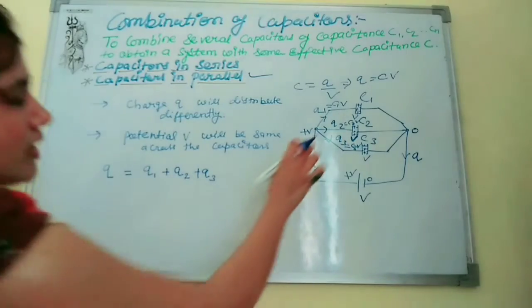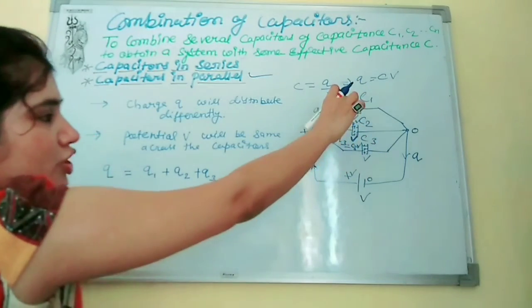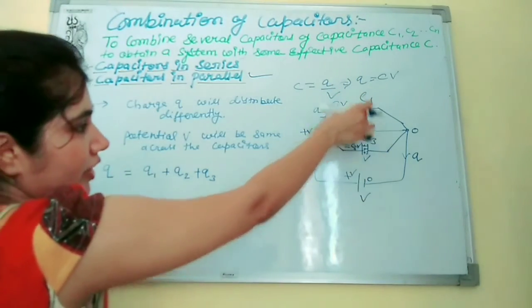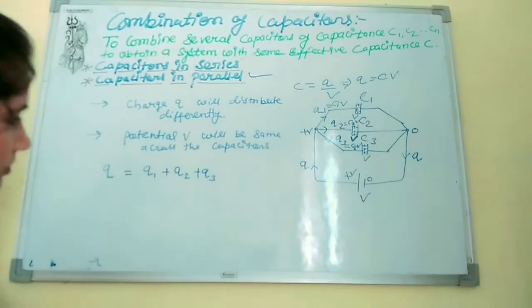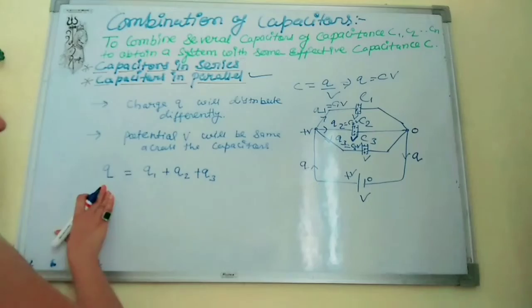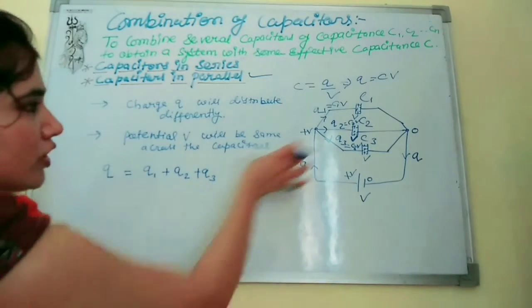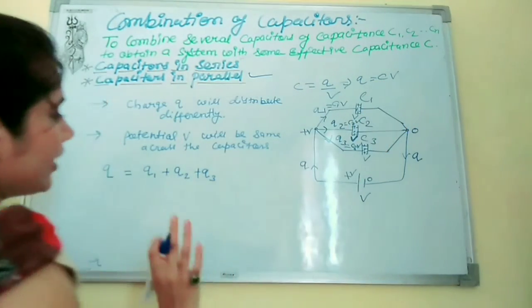So the charges are distributed differently in the different capacitors connected in parallel, and the net charge is the addition of all the charges.